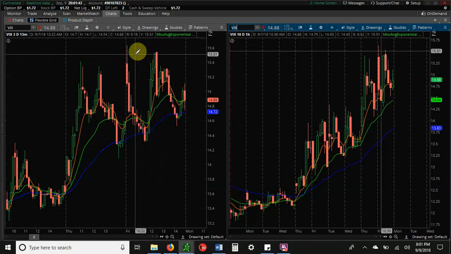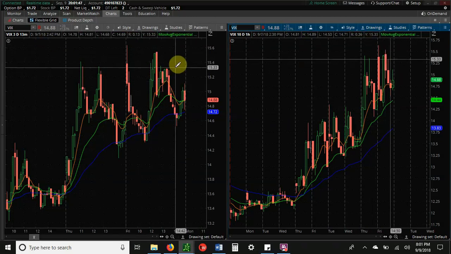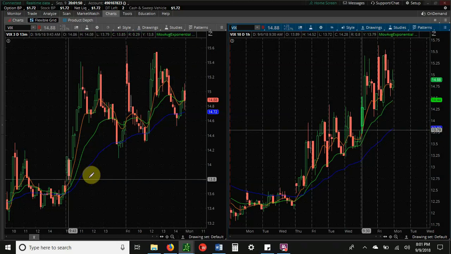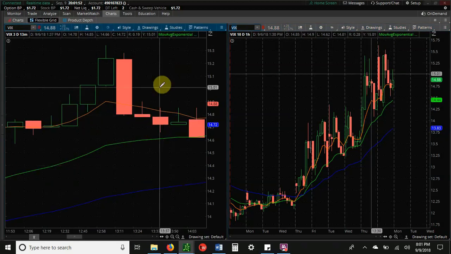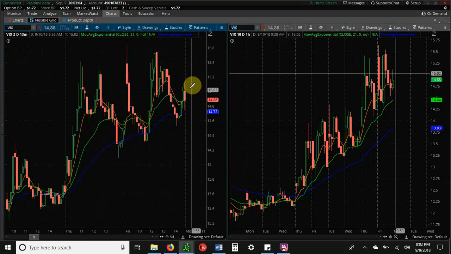It kind of tested this high again here, but at the same time, on a larger time frame, it's making this flag pattern. You can see right here and right there. So definitely something to keep in mind for the week ahead, that you might see another burst in the VIX to the upside, which should send other stocks going lower for the week.